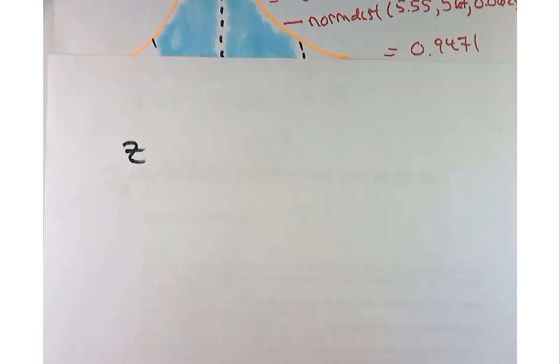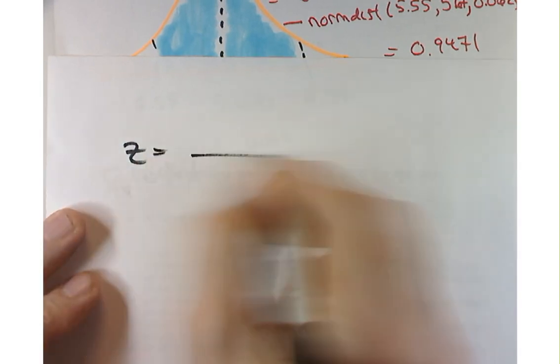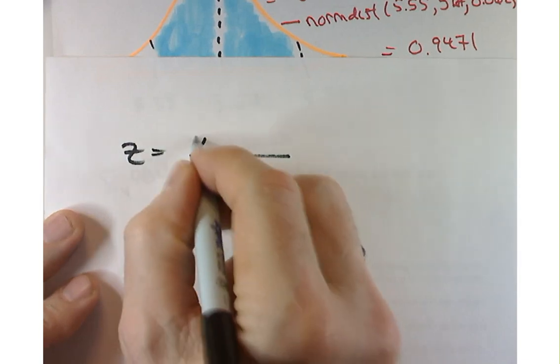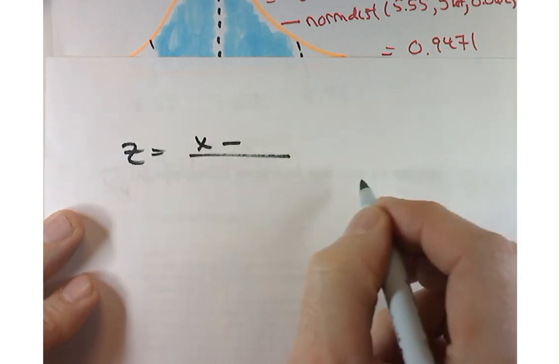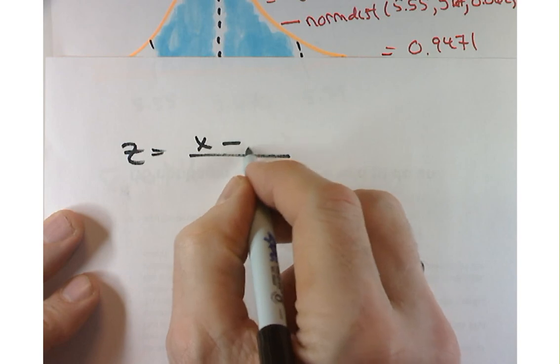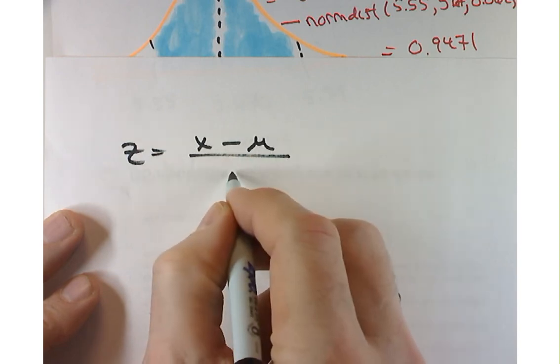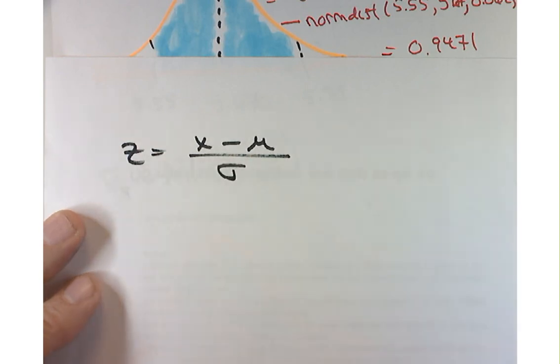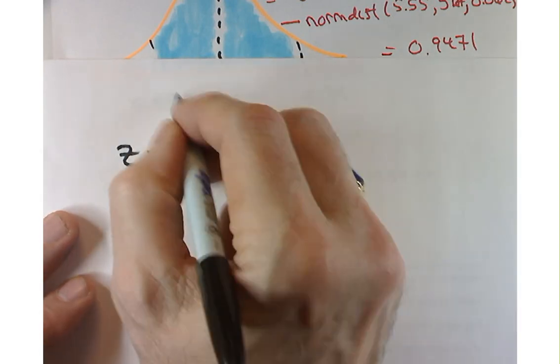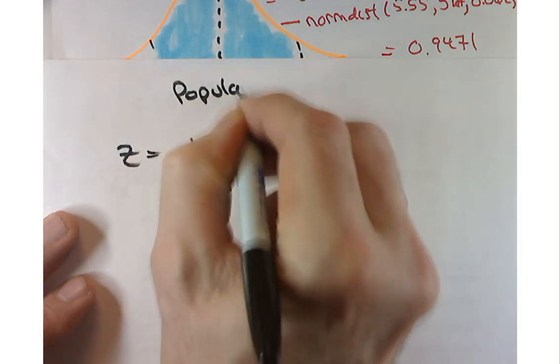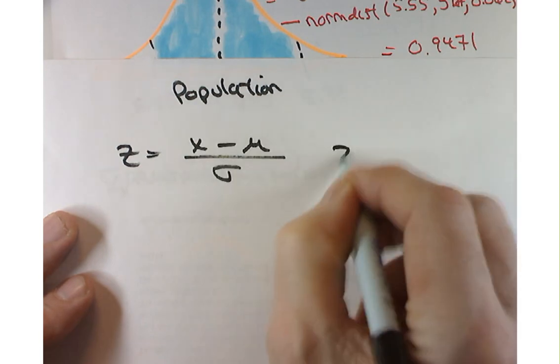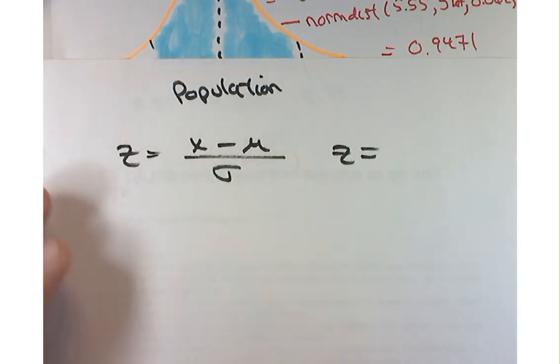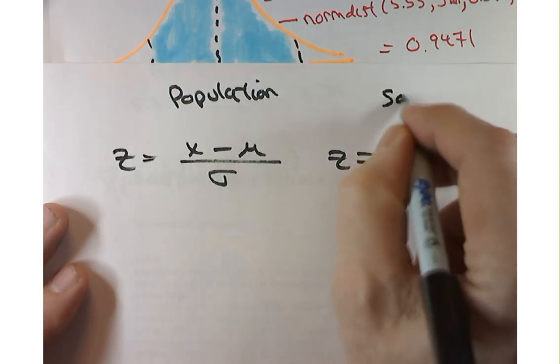Now, let's see who was paying attention at the start of things. Chloe? The formula for z-score? Yeah, go ahead. x bar minus mu, I think, divided by standard deviation, sigma. Yes, that's nice. Now that's for a population. Now in spirit, it's the same thing for a sample, but I have different notation.